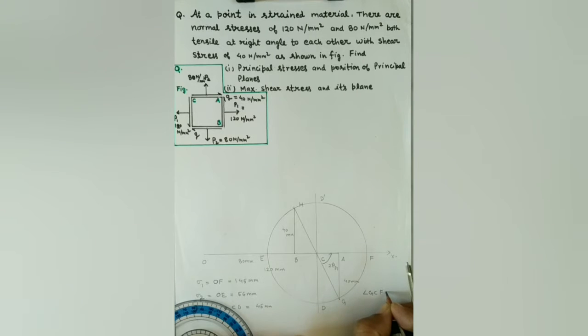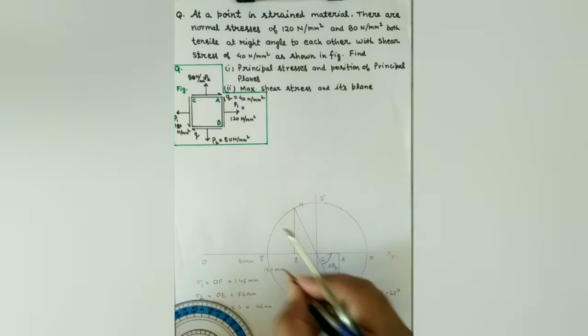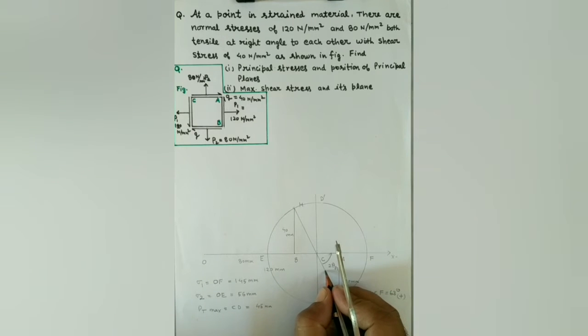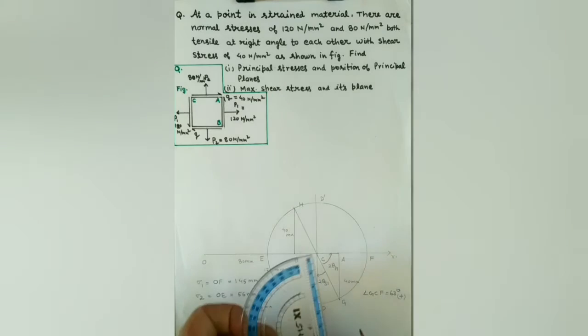So angle GCF is equal to 63 degrees. Angle GCE is 2 theta P2, which is twice the angle between minor principal plane and stress P1. Angle GCD is 2 theta S1, which is twice the angle between the plane of maximum shear and stress P1.